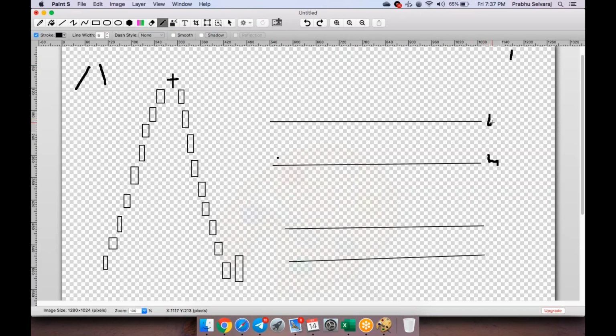This is 60, this is 40, this is 60 and this is 40. Now this one particular stock is traveling between 35 and 39.5. Stock number one.